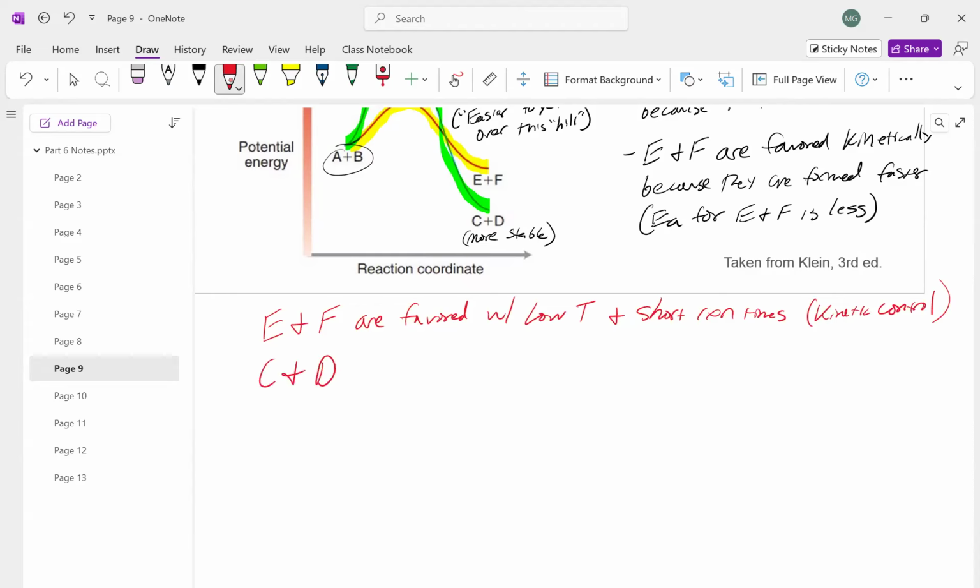C and D are favored with high temperatures. Why high temperatures? Well, because you can get over that hill. And long reaction times. That's called thermodynamic control.